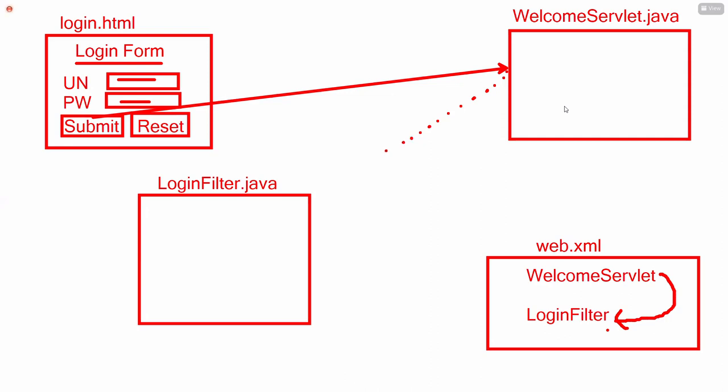So actually the request came to the welcome servlet. But what has happened now? The login filter executed. This username and password are received here, because that request is only coming here, no? It can receive.